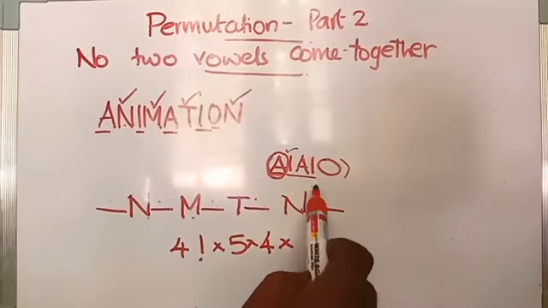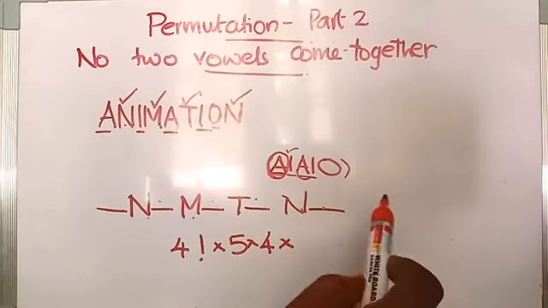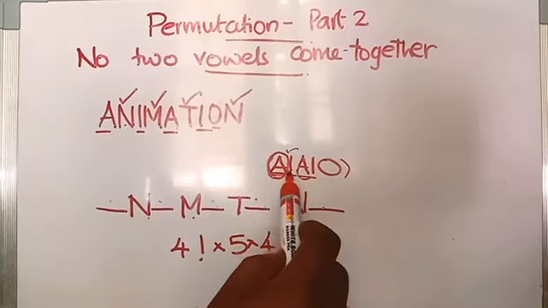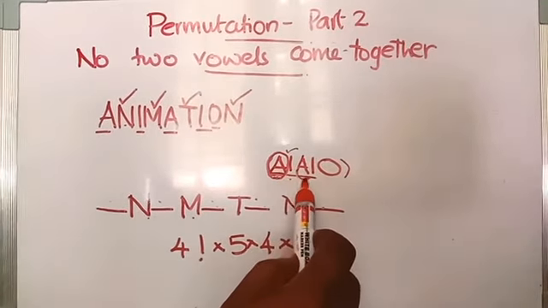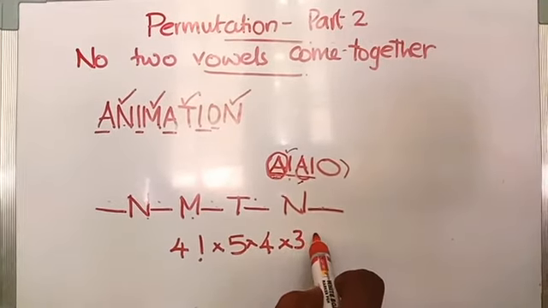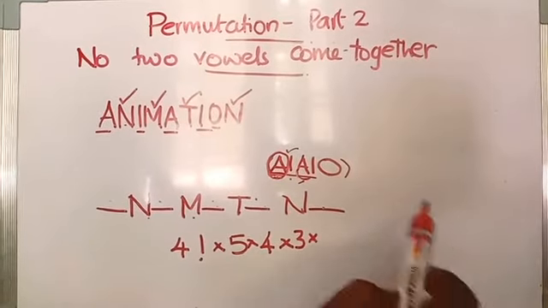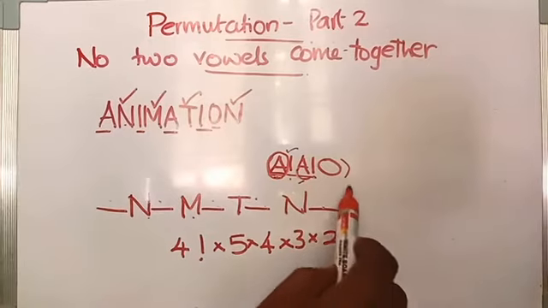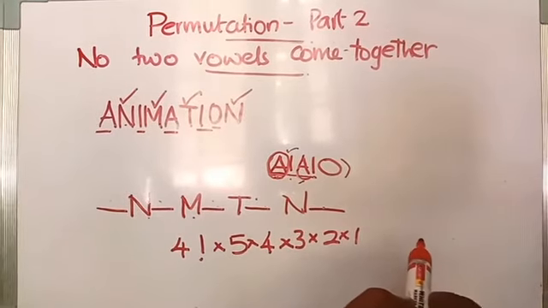When it comes to the third letter A, again it will be restricted to 3 chances because these two have already occupied 2 out of 5. So it has only 3 chances. And the next letter has only 2 chances, and the letter O has only 1 chance.